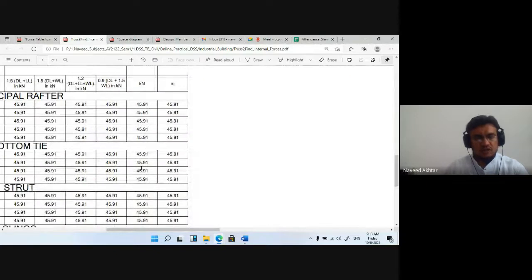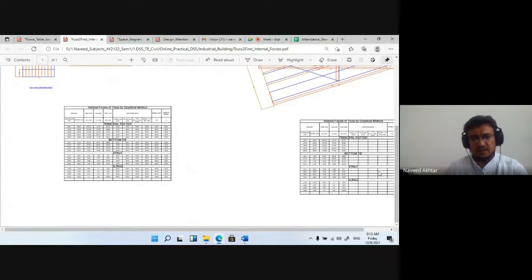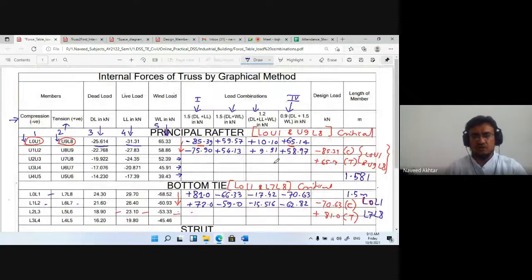All the values and load combinations come from the force table, and the worst combination of load for the critical sections and members was identified in the previous practicals. This is your design of industrial building. We have completed around 10 practicals till now, and the mini project of industrial building is still running.